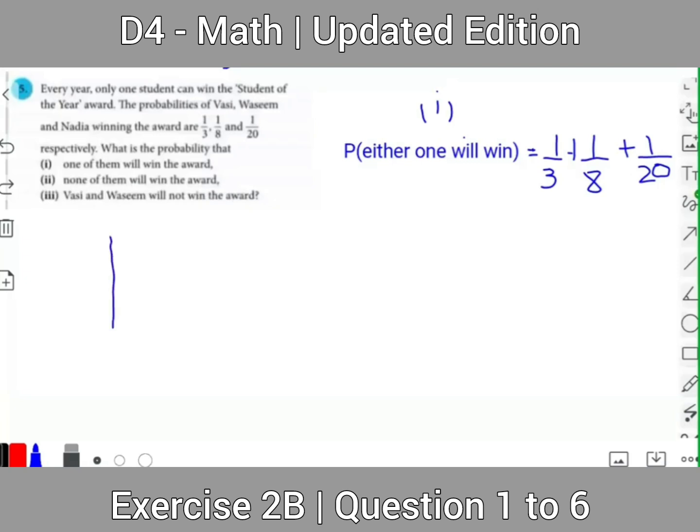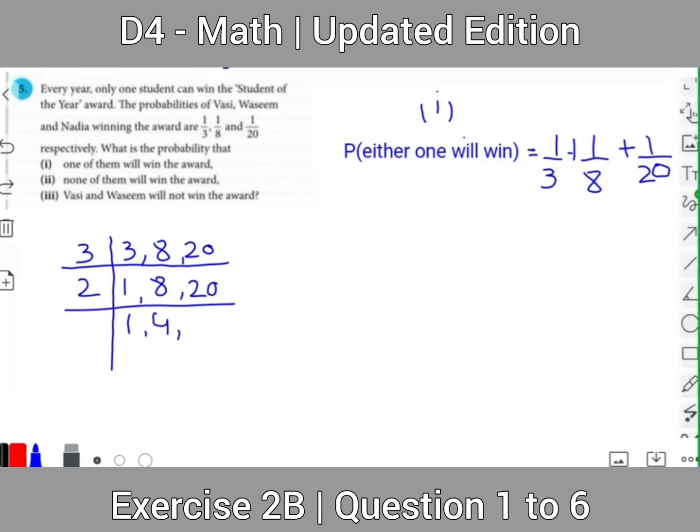Now we will take the LCM of the numbers 3, 8, and 20. So we will start with 3. 3 ones are 3. Now we have 8 and 20 as it is. Now 2 fours are 8, 2 tens are 20. Now we again take the number 2. 2 twos are 4 and 2 fives are 10.